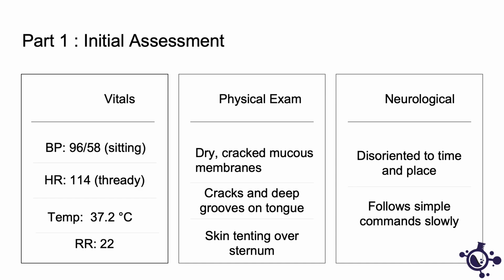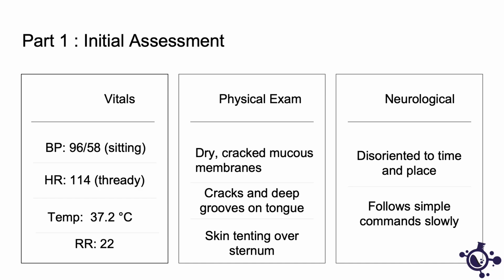That is actually a compensatory mechanism where the body is trying to increase the blood flow throughout the body in order to maintain cardiac output and also to maintain the blood pressure. So the heart rate being high, yes, it's telling me something, but it's something that I am expecting to see with the blood pressure being low.